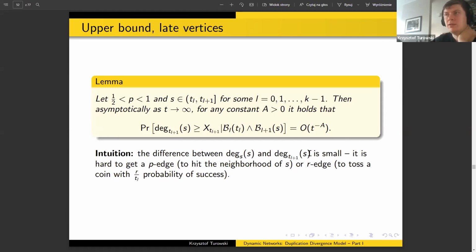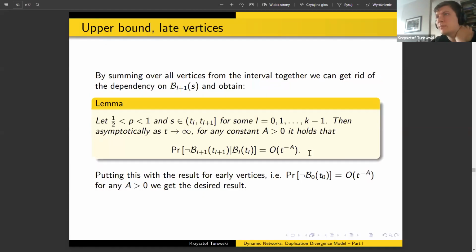And then we can apply the generic Chernoff bound, which was mentioned a few minutes ago. Okay. So all in all, we get that all vertices from the interval do not exceed t to the p polylog t with any decent probability.